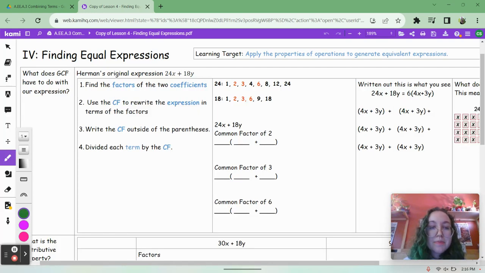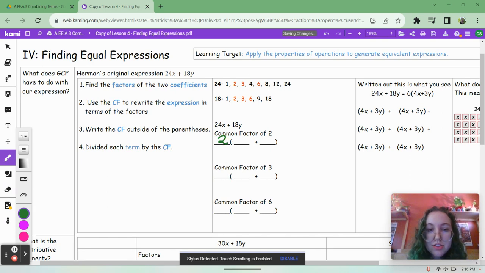So we start by finding the greatest common factor between the coefficients that we have. Here we have 24x plus 18y. Our coefficients are 24 and 18. If I go through and find all the factors, our common factors are 2, 3, and 6. So let's start by taking out a factor of 2.